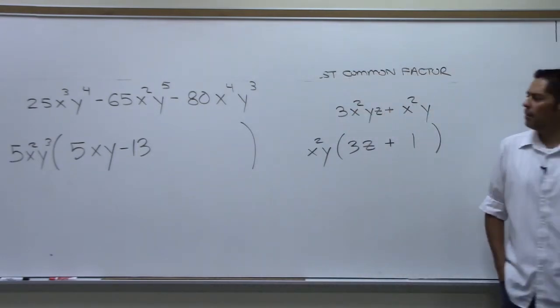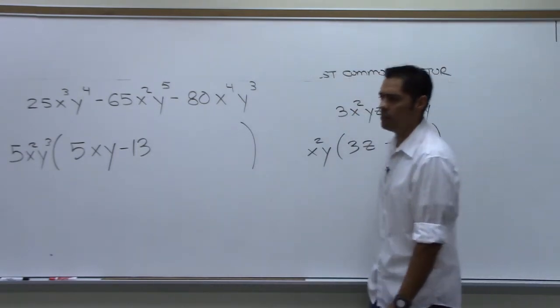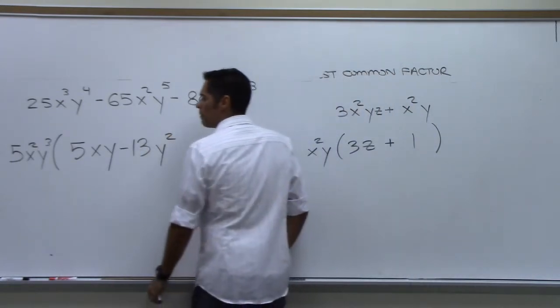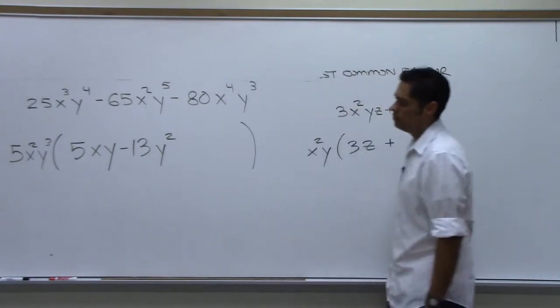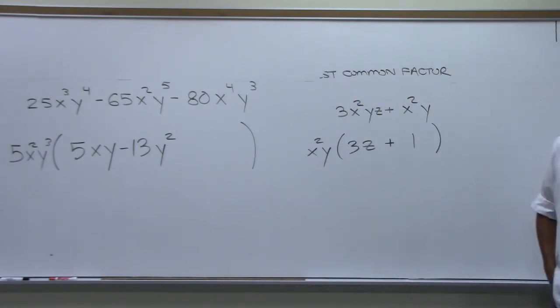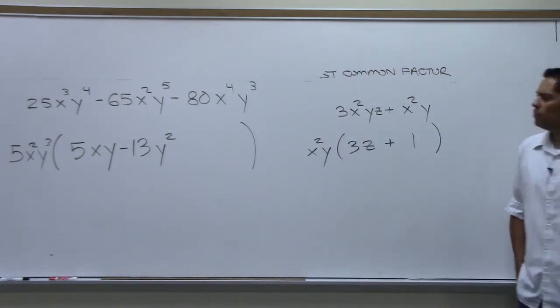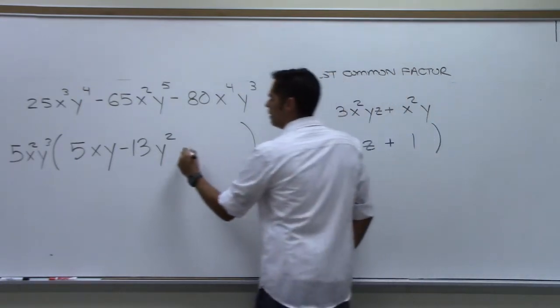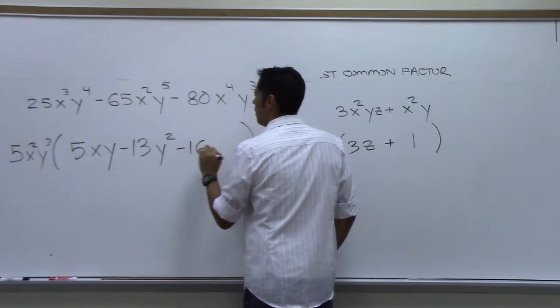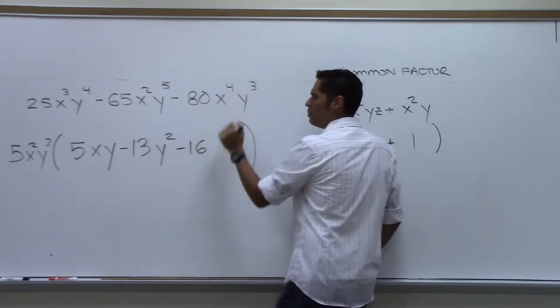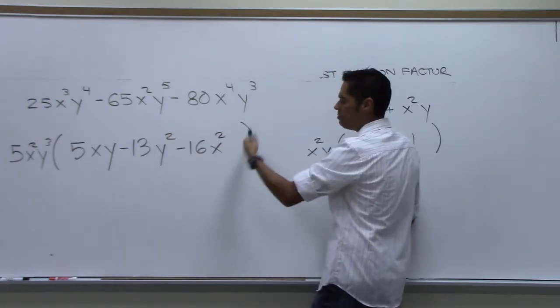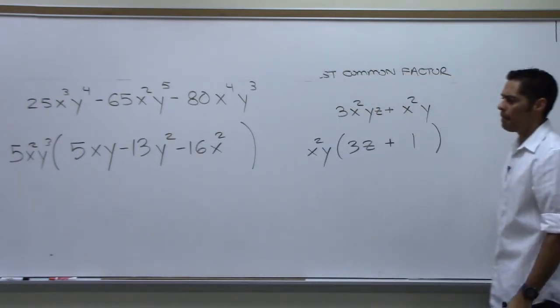No? How about y's? Yes? Y squared? Anything else on that one? We're okay? How about, what do you multiply 5 by to get negative 80? Negative 16. And then x to the fourth, I'm going to have to put in x squared, and y to the third I already have, so just leave it. That should be it.